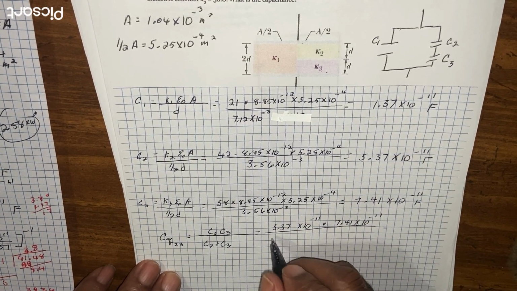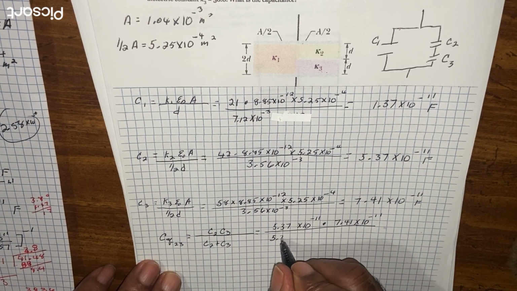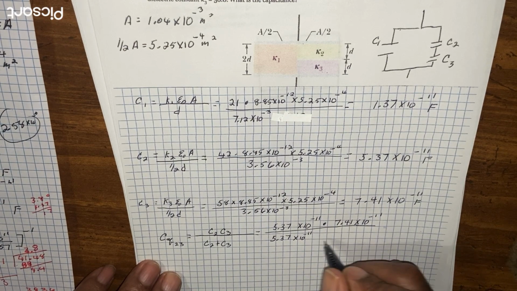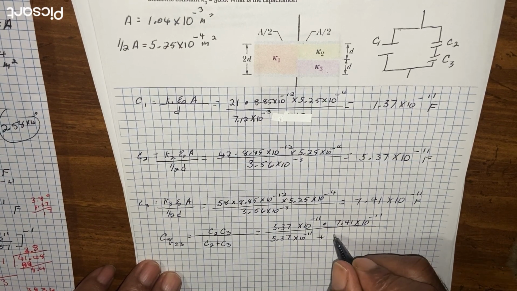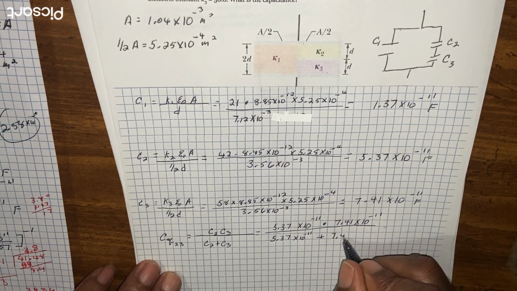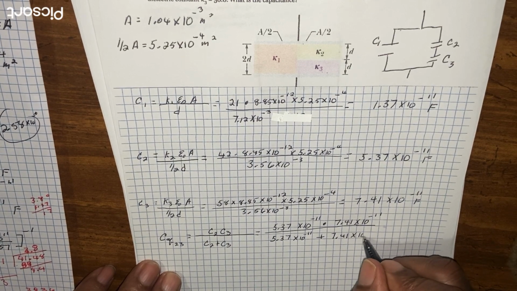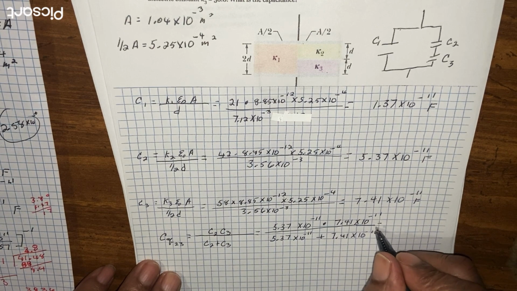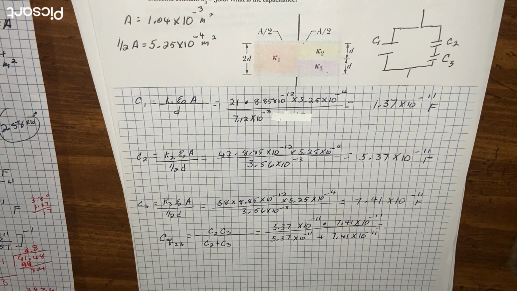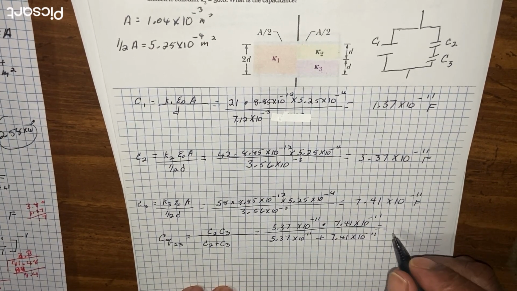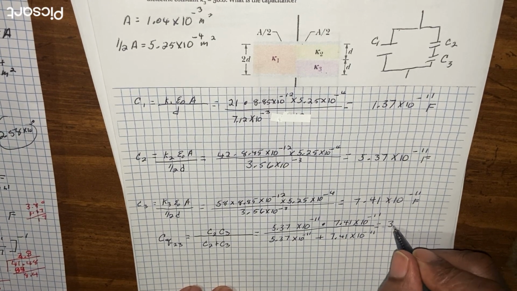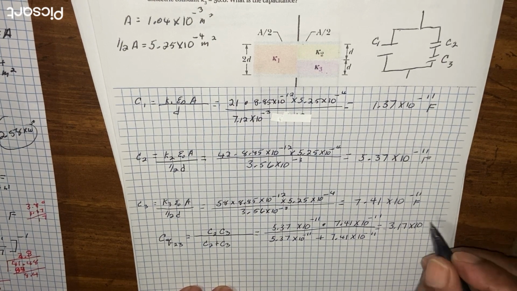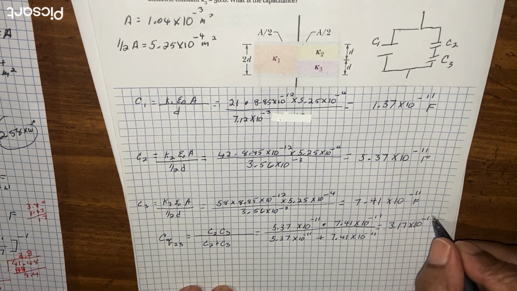And on the bottom, we're going to have 5.37 times 10 to the minus 11 plus 7.41 times 10 to the minus 11. I'll pause and do this calculation. That's going to be 3.17 times 10 to the minus 11.